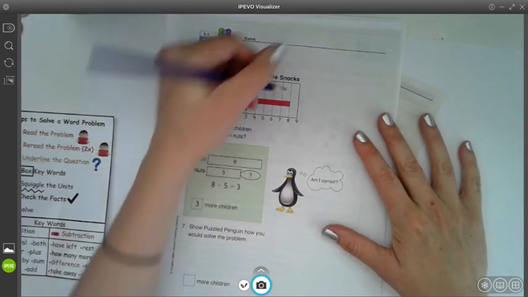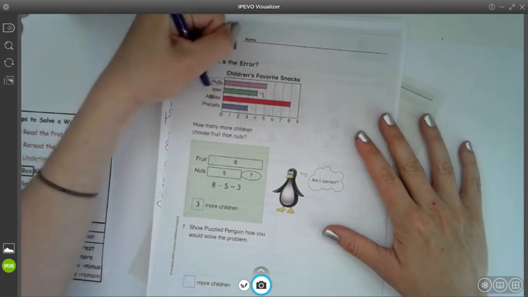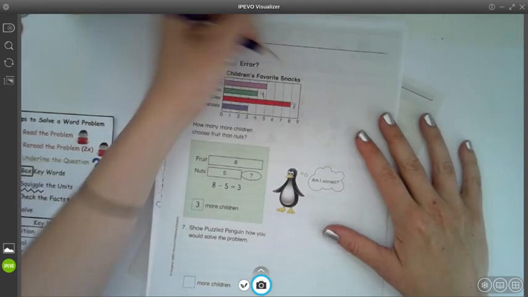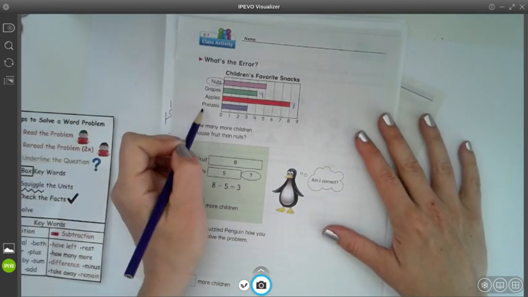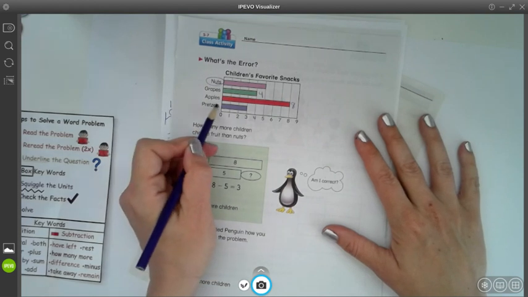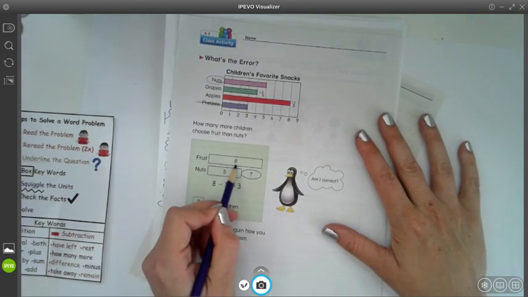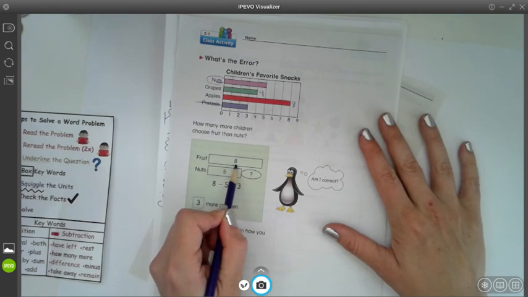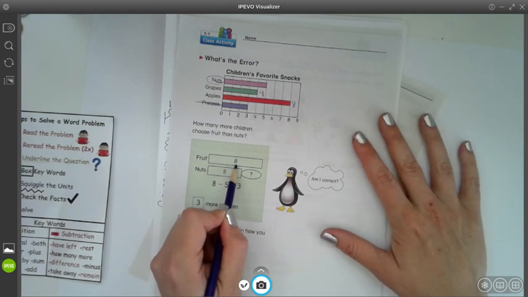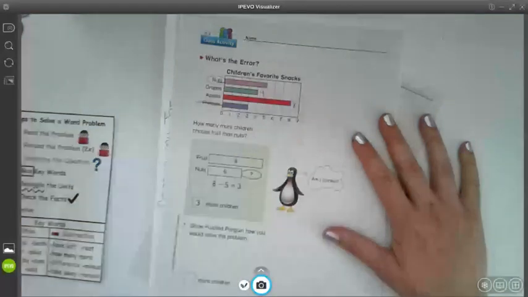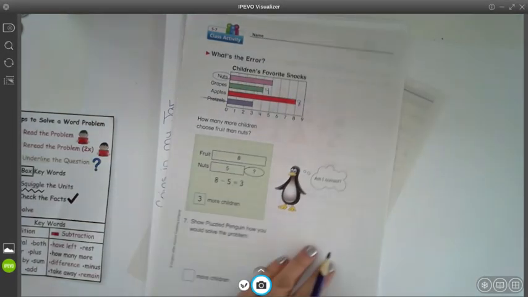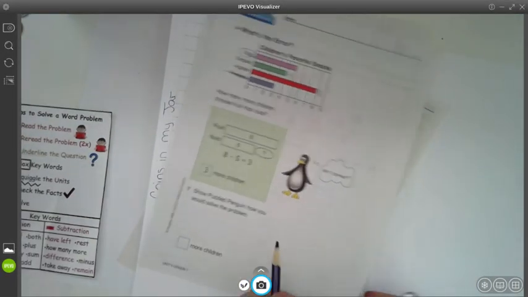How many chose grapes? 4. How many chose apples? 8. Pretzels are not fruit or nuts, so I'm just going to cross it out for this one. So he said fruit. What do you think his puzzle problem was on this one? I'm going to leave that one up to you.